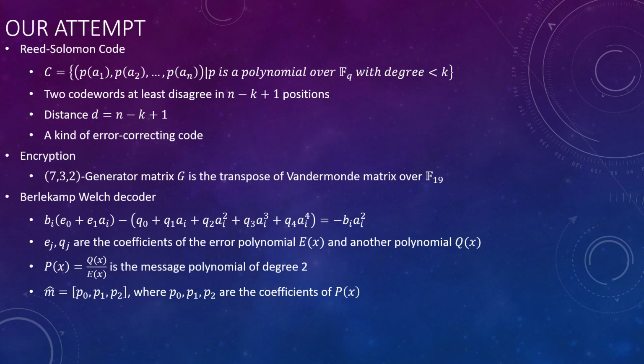But conversely, if the remainder of the division is 0, we can find the exact message polynomial of degree 2. So we can extract its coefficients and form the m hat vector like we've written here, to find the actual message m from the last page.